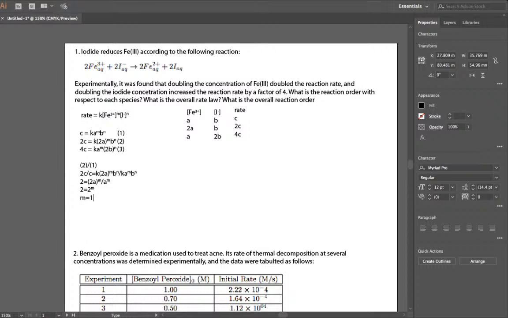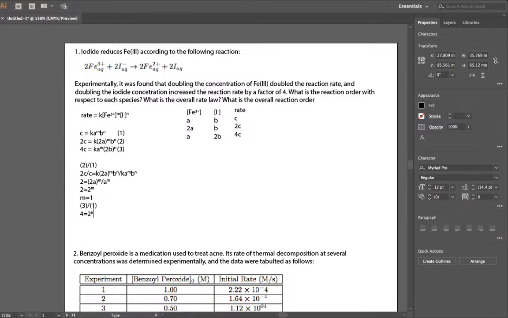Now all we need to do is find what N is. The simplest way is to find equation 3 divided by equation 1. Same thing as before, but instead you'll get 4 equals 2 to the power of N. I won't do a lot of the maths, so let me do that quickly.